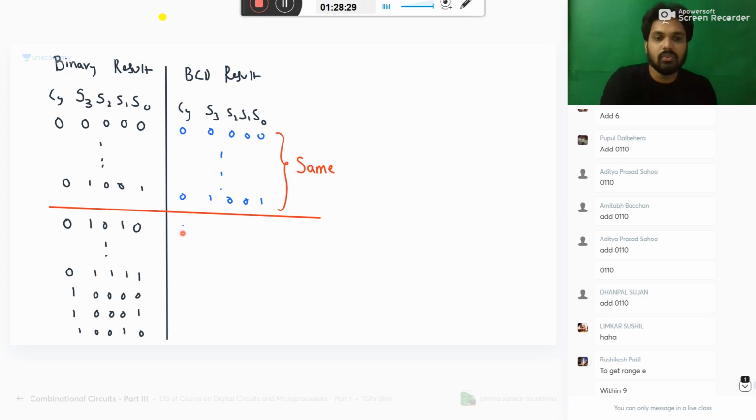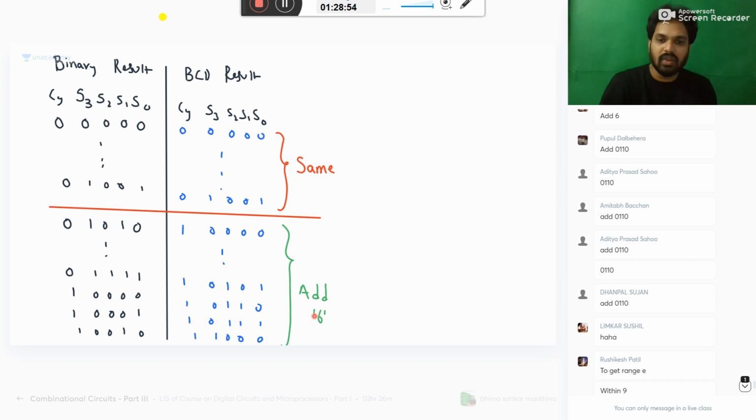Here, 10 is 1, all zeros. 15 should be written as 1 and 5. 16 should be written as 1 and 6. 17 should be written as 1 and 7. 18 should be written as 1 and 8. So in this case, what to do? Add 6.